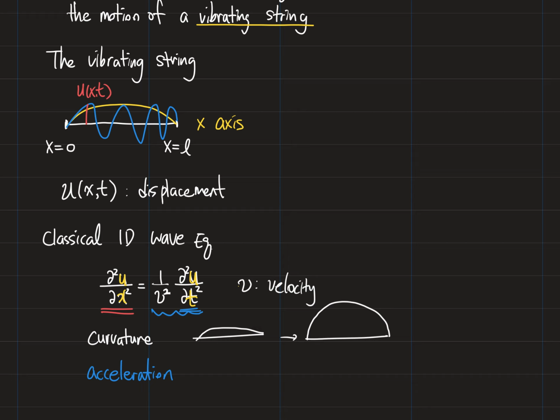If we plug those physical interpretations into the equality, the wave equation makes a profound physical statement: the acceleration of any point on the string is directly proportional to its curvature at that point. And the constant of proportionality is 1/v squared.